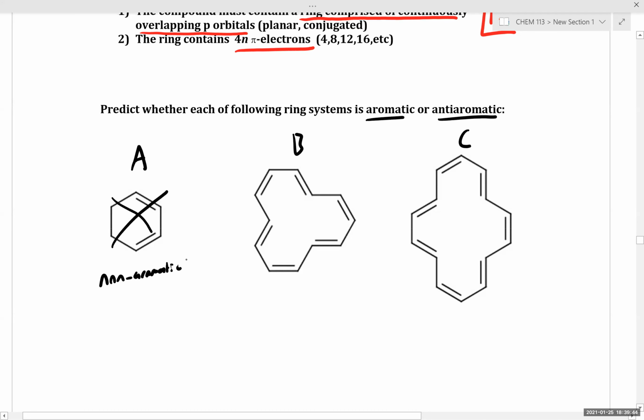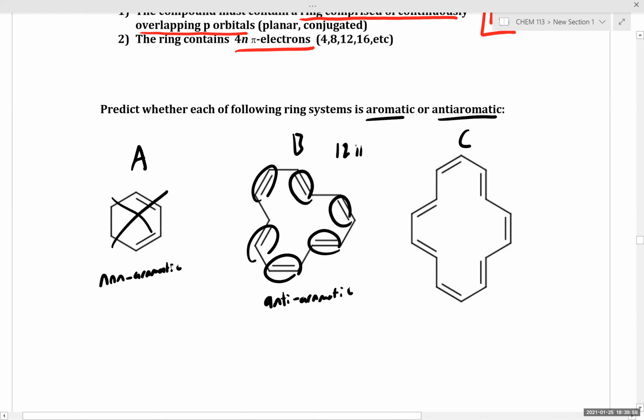Looking at B, we see a lot of comments in the chat that B is anti-aromatic. Let's talk about why that is. Counting, we have 2, 4, 6, 8, 10, 12. When we have 12 pi electrons, that corresponds to 4n when n is equal to 3, which gives us 12 electrons. So it is correct to assign this ring as an anti-aromatic system.